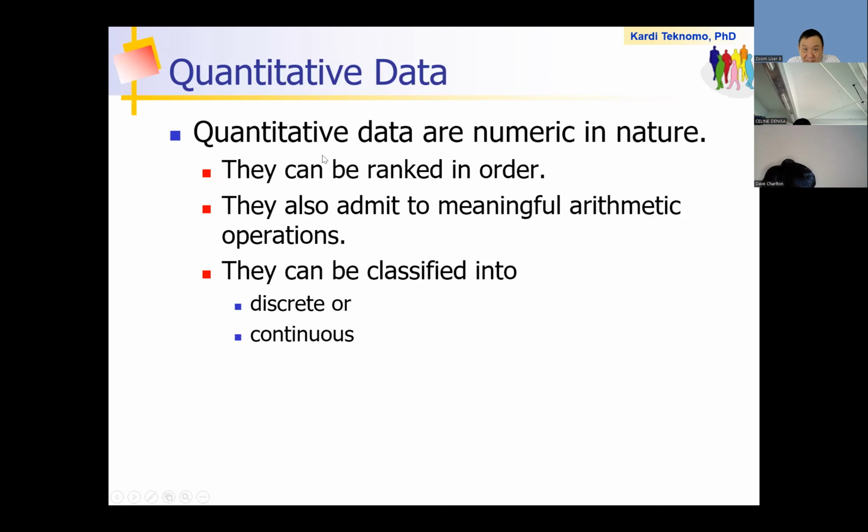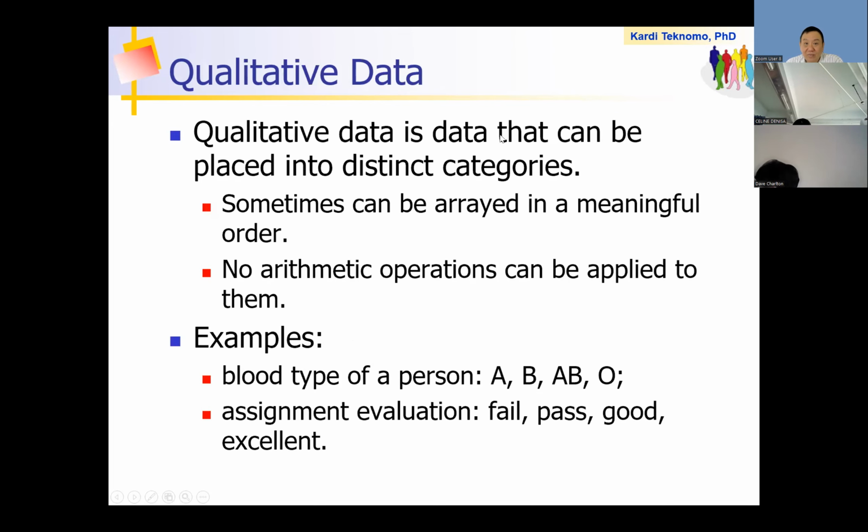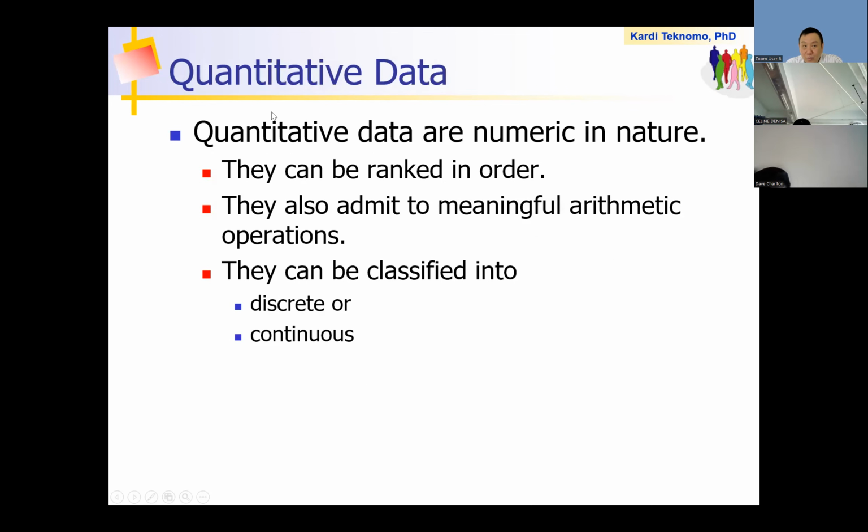Now, quantitative data are numeric in nature. Qualitative is just distinct categories, while quantitative is numeric, so it can have meaningful arithmetic operations. Quantitative can be discrete or continuous.